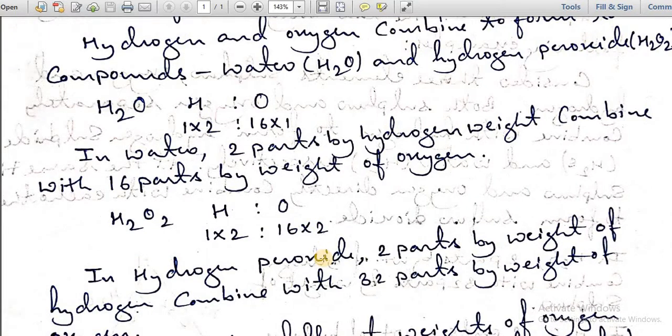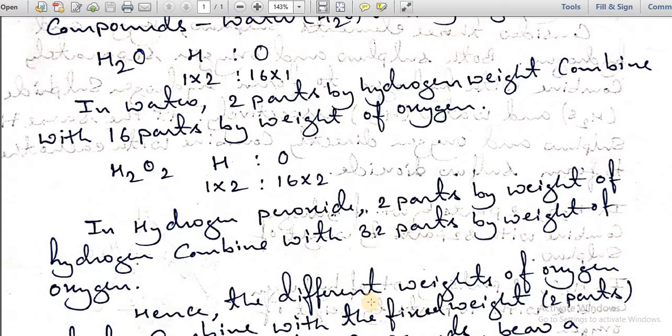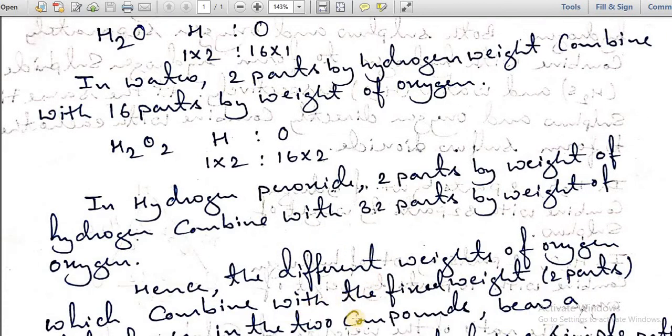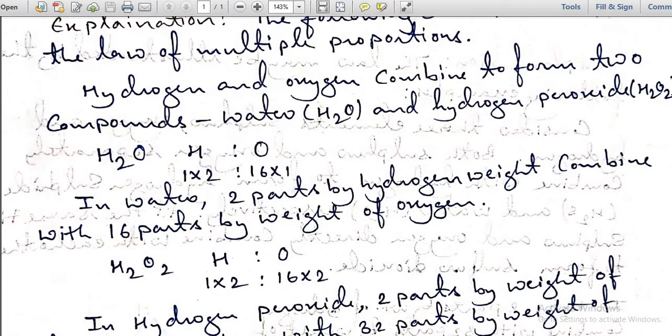Now over here, there are different weights of oxygen which combine with a fixed weight of hydrogen. In water we have 2 parts by weight of hydrogen, and in hydrogen peroxide also we have 2 parts by weight of hydrogen.